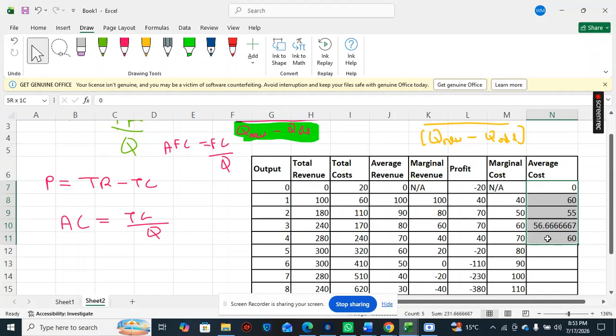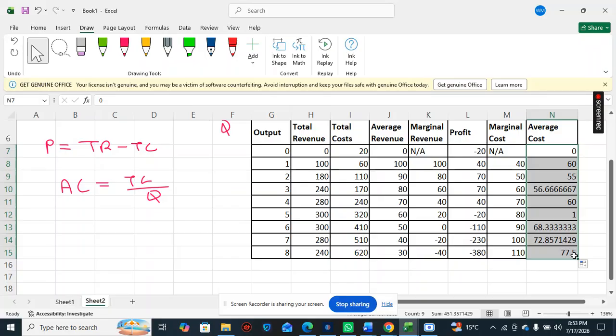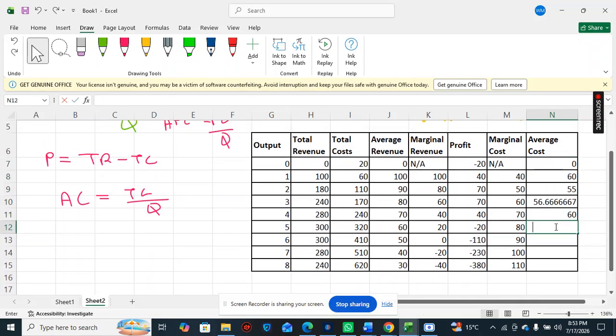Okay, so that's what is happening here. We're just dividing our total costs by quantity. When we produce 5 units, total cost 320 divided by 5, 64. When we produce 6 units, total cost 410 divided by 6 units, 68.33.